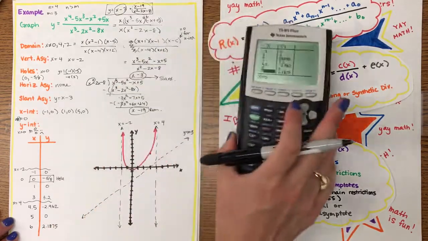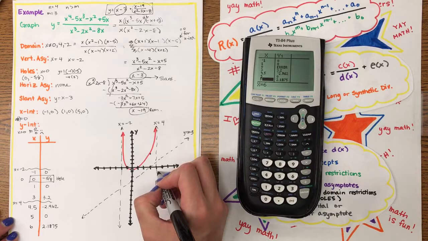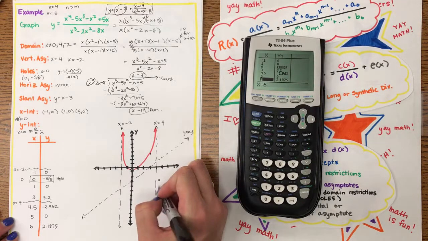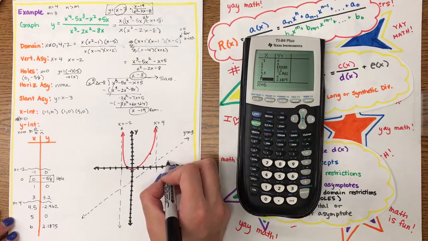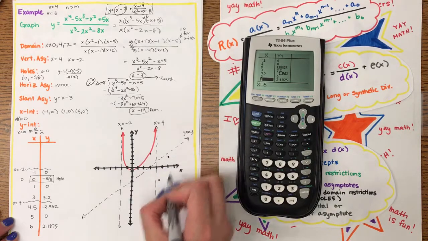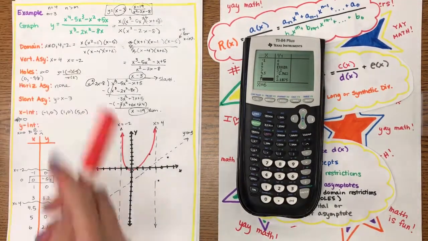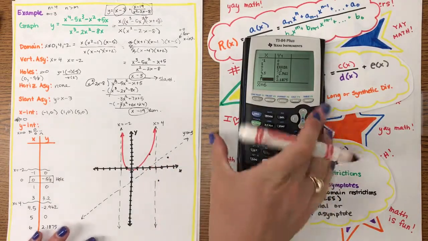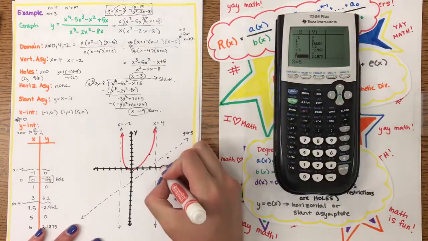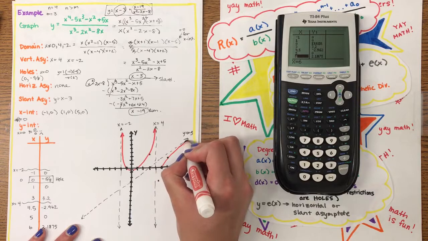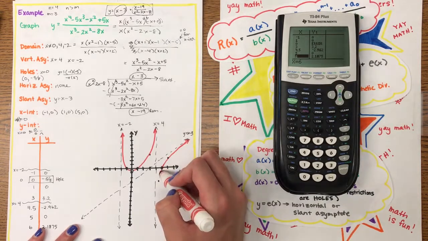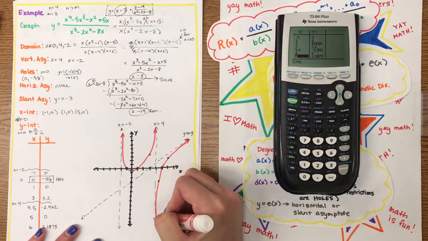So let's see if that's enough points. 4.5, 1, 2, just less than 3, 5, 0, and 6, 2.1875. This is enough. What I see here is that my graph is approaching this dashed line there and this dashed line there.